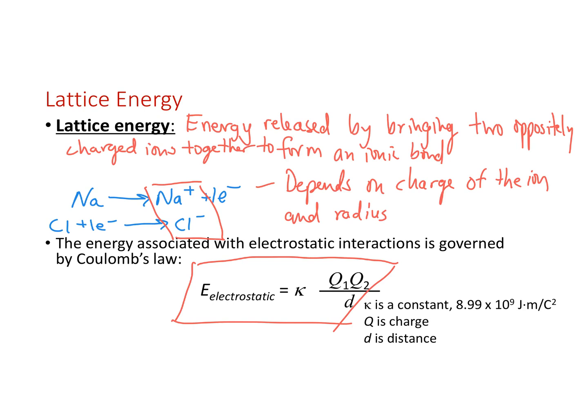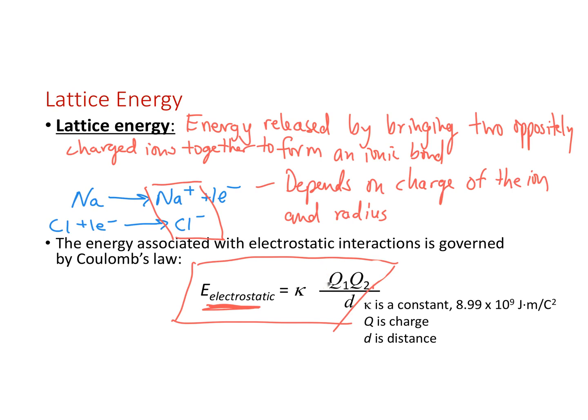So let's think mathematically about what would happen to this electrostatic attraction between these two oppositely charged ions. As my charge increases, as I go from +1 to +2 to +3, and I multiply those two together, my attraction gets greater.